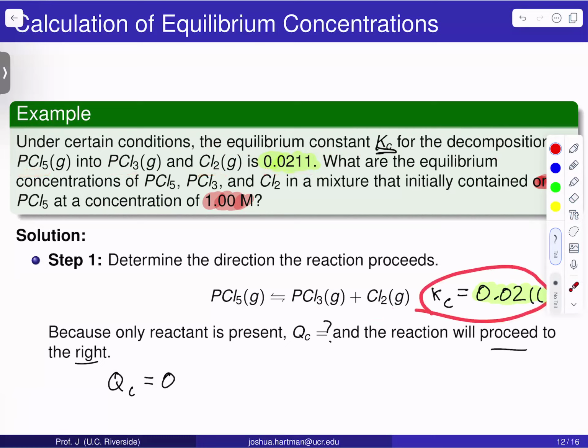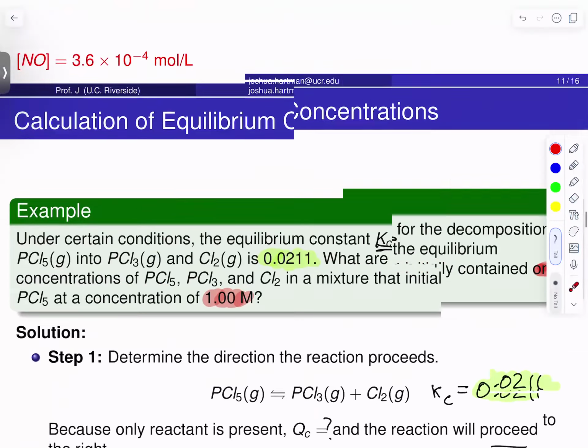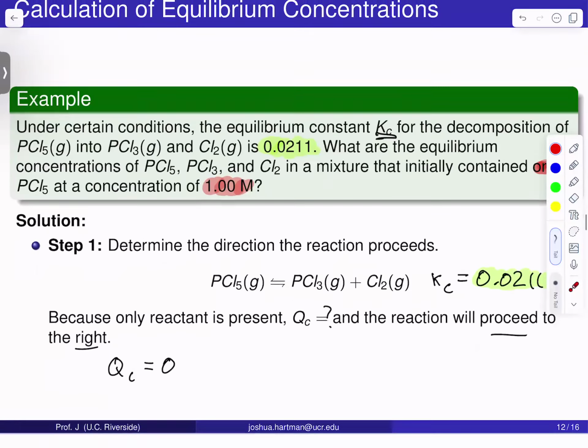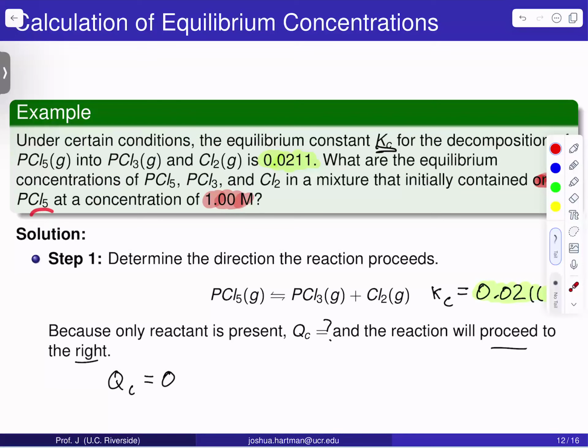So it's very clear from the problem what direction to write this reversible reaction for the corresponding equilibrium constant. We are asked to determine what the equilibrium concentrations of PCl5, PCl3, and Cl2 are in a mixture that initially contained only PCl5 at a concentration of 1 molar.